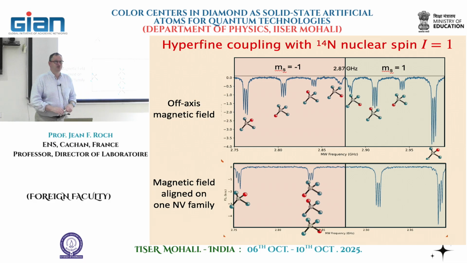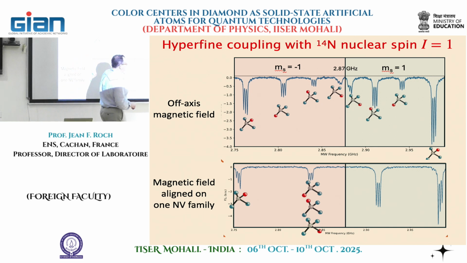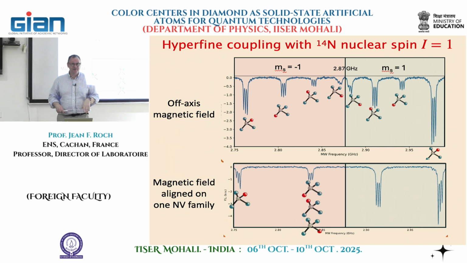So just to show you some results that can be obtained with the hyperfine coupling, now with an ensemble of NV. This is exactly what you will see this afternoon, just a spoiler. We apply a magnetic field to an ensemble, a highly doped system, a quality crystal with a few ppm of NV in the sample.